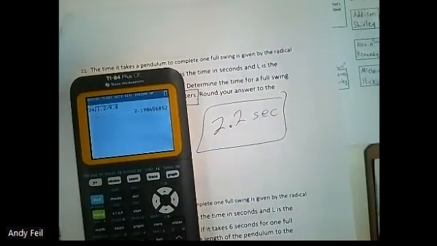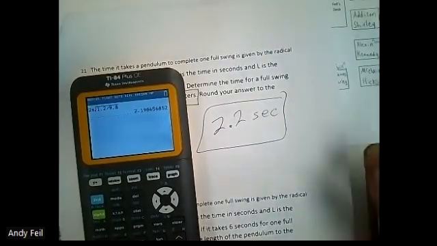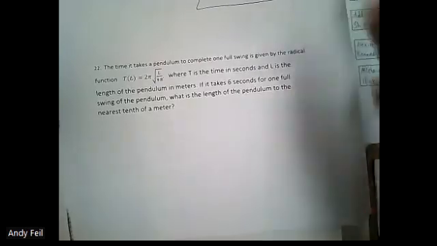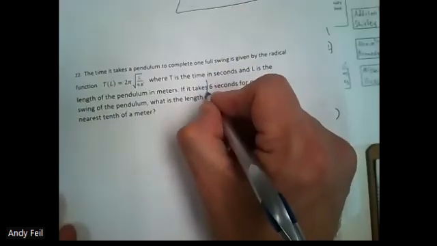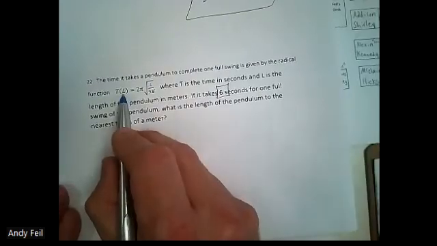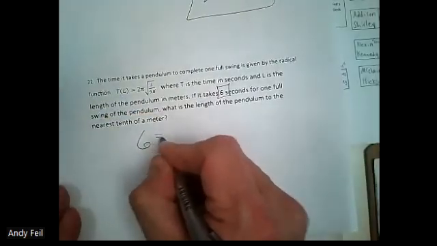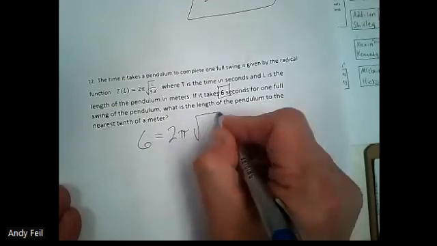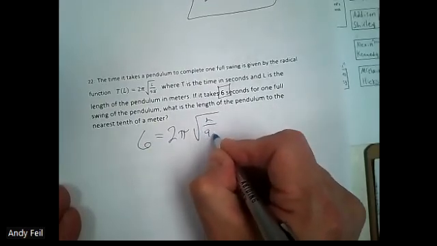How about that? That was fun. Let's do the exact same problem, but this time it says 6 seconds. So where do I put that? I got to put that in over here, right? So 6 equals 2 pi square root of L over 9.8.